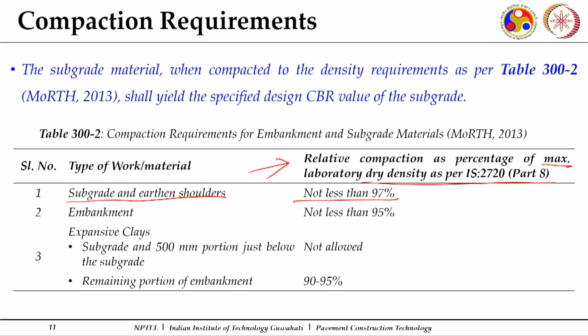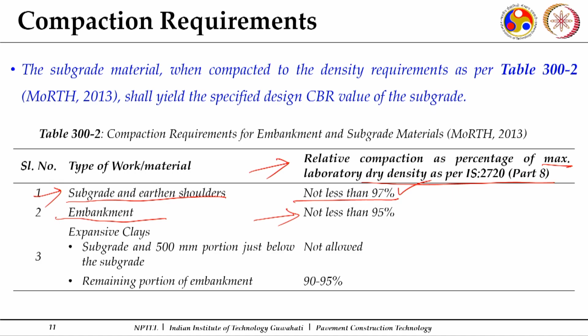So, it says that the subgrade material or the shoulder material should not be compacted less than 97% of their density. When it comes to embankment, it should not be compacted less than 95% of the maximum dry density you got from the heavy compaction Proctor test or the modified Proctor test.